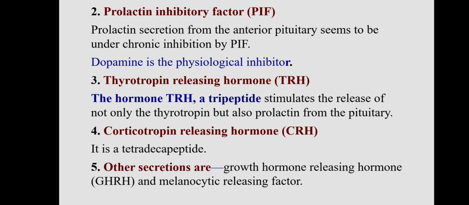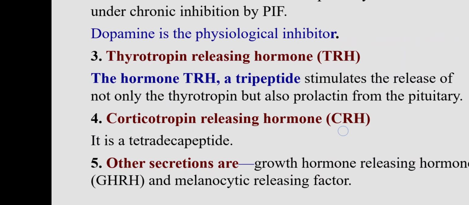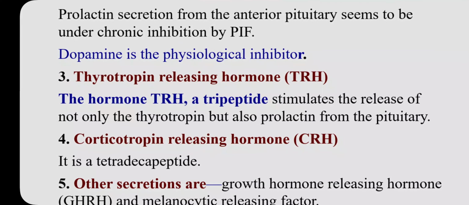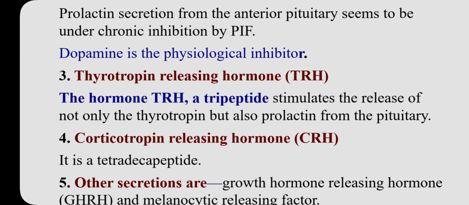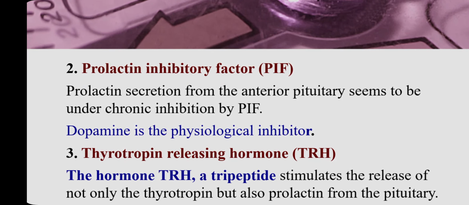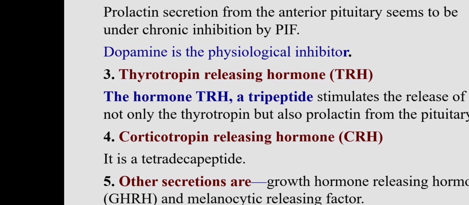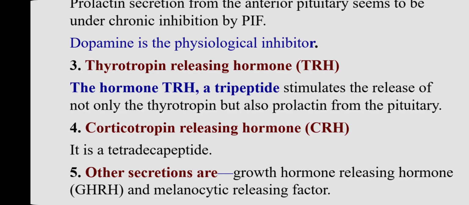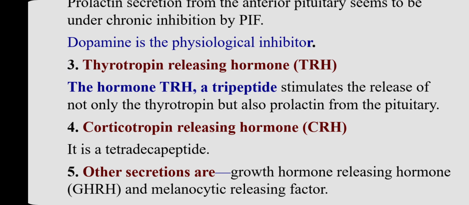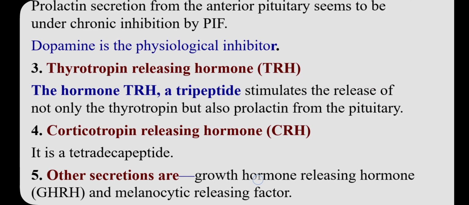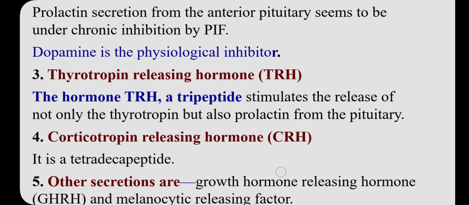Next is thyrotropin releasing hormone. The hormone TRH is a tripeptide made up of 3 amino acids. It stimulates the release of not only thyrotropin but also prolactin from the pituitary, whereas the prolactin inhibiting factor suppresses the release of prolactin. TRH acts on the pituitary to release TSH, which further produces T3 and T4 from the thyroid, and it also releases prolactin from the pituitary.